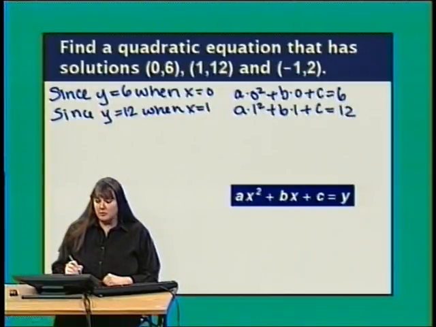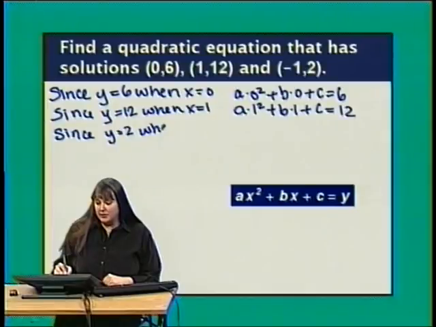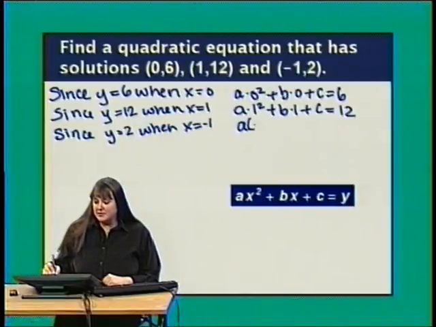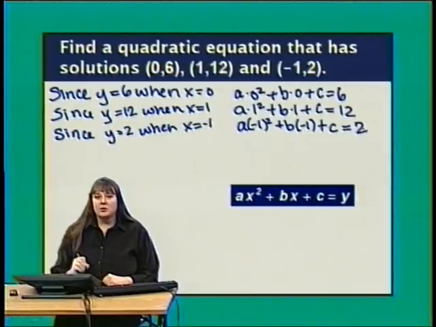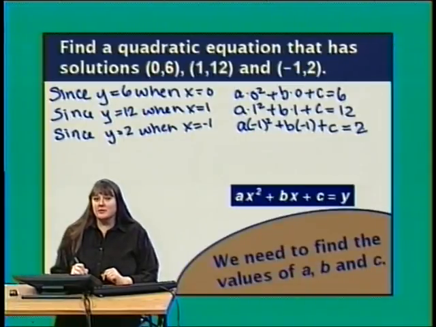Working with that third ordered pair, since y equals 2 when x equals negative 1, we have a times the square of negative 1 plus b times negative 1 plus c equals 2. So we actually have 3 equations here, and we're trying to find the values of a, b, and c.